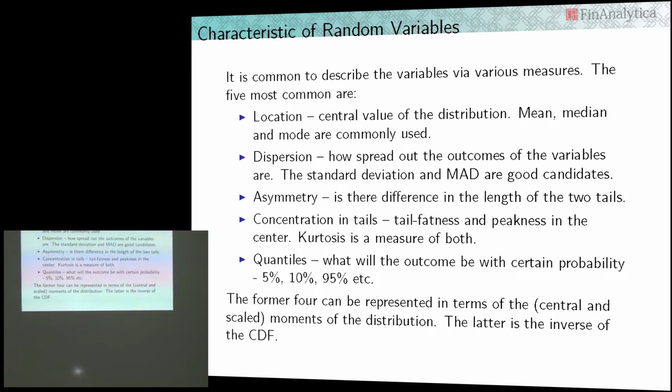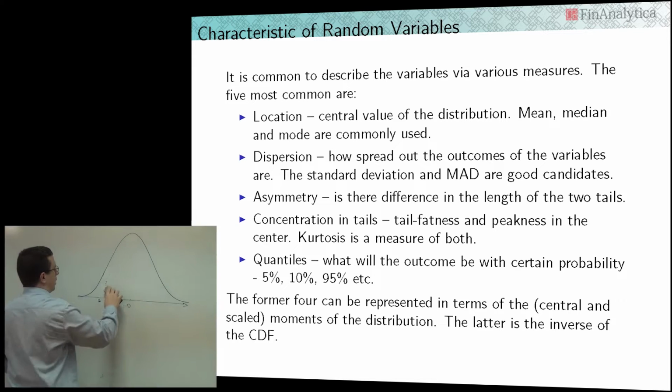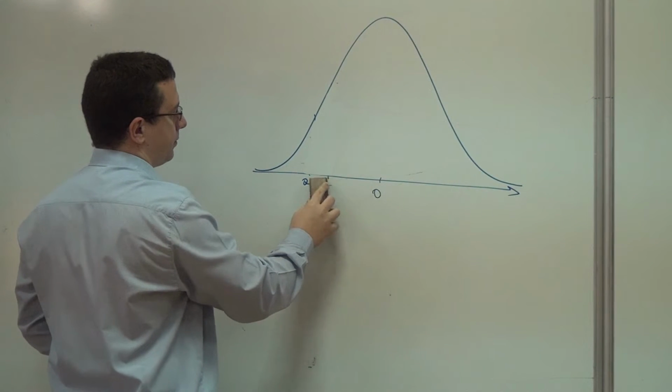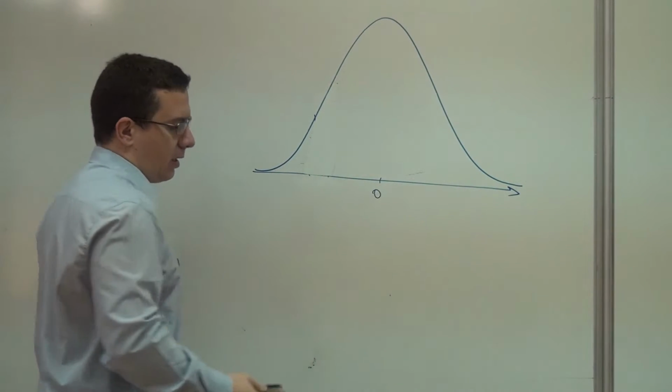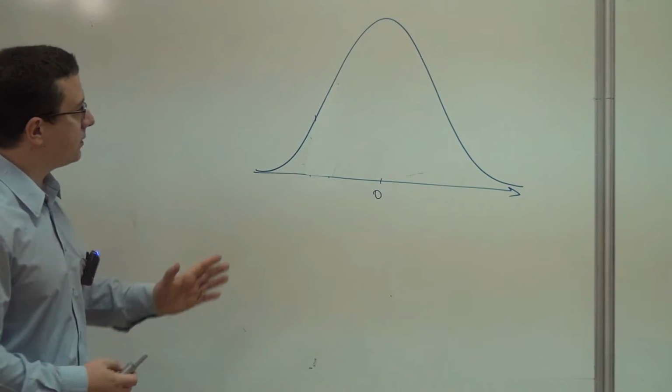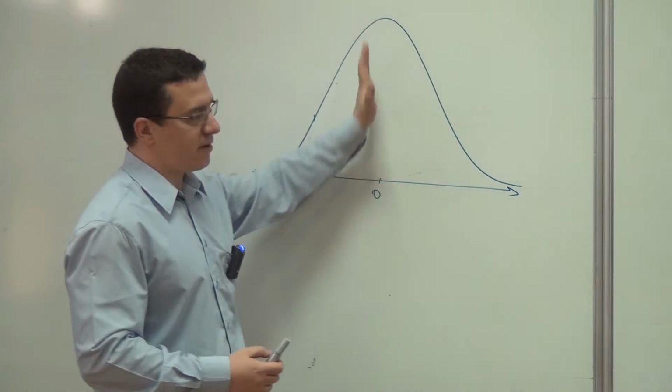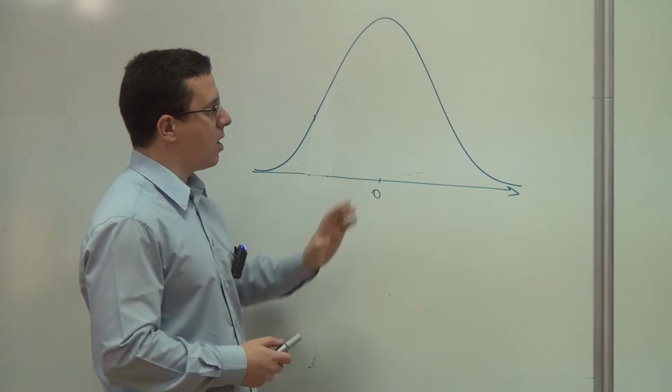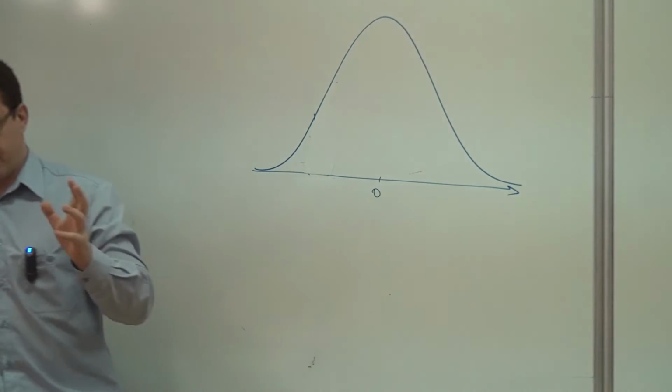So the first one is location. It basically gives the center, in some sense, of the distribution.